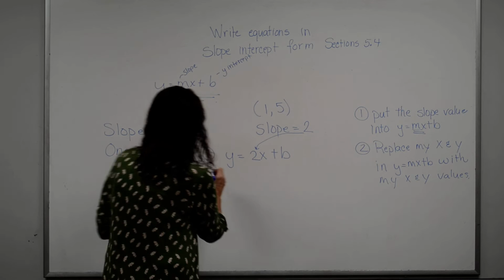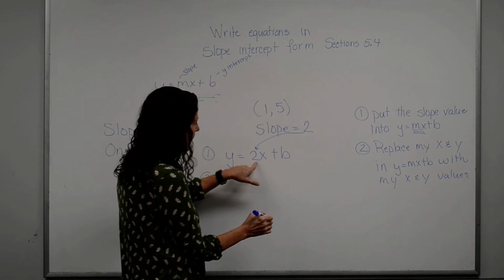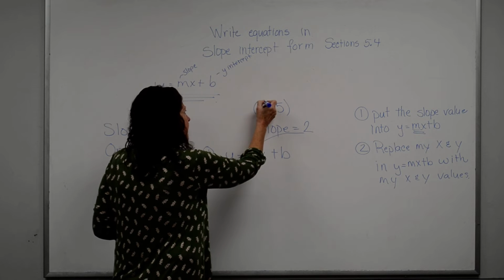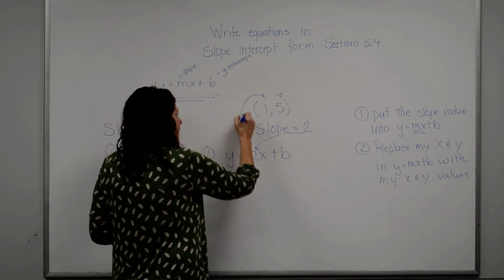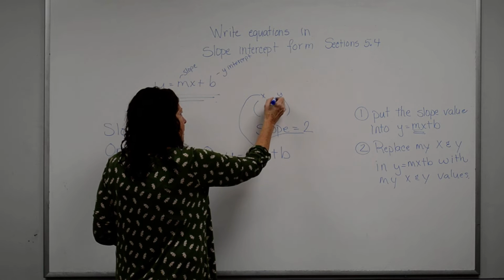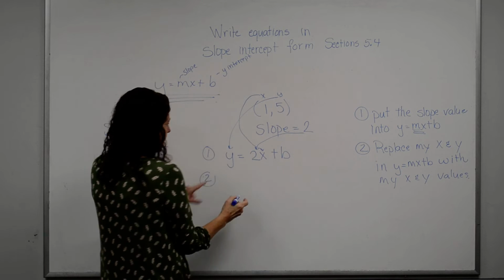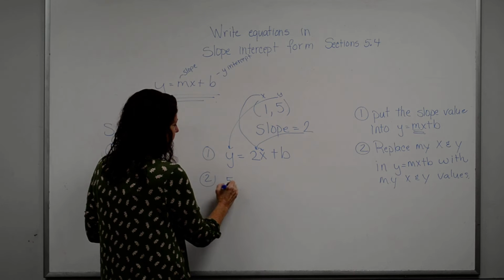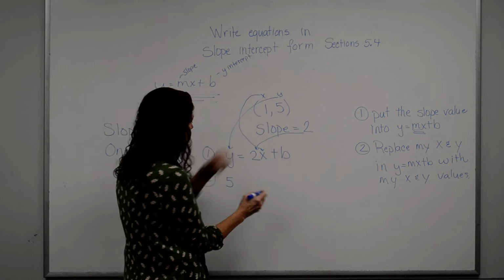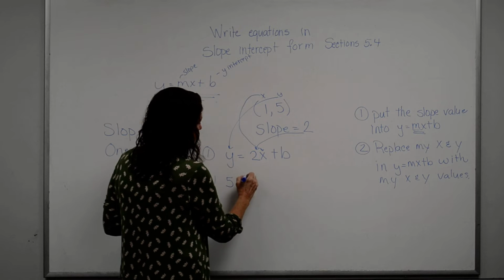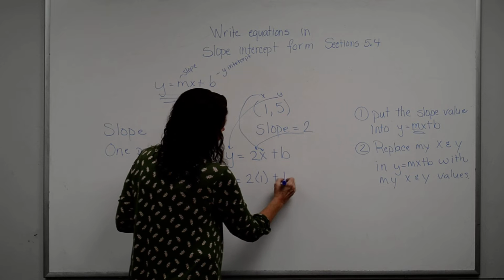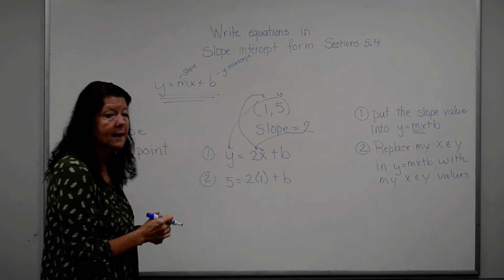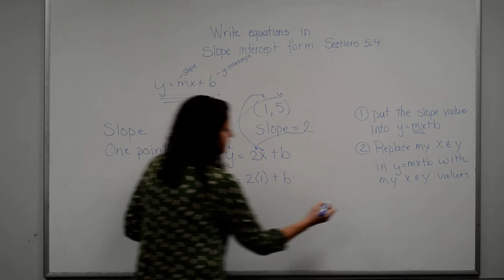So now, step 2, I continue to bring that m down, but this is my x and this is my y. So my x value goes right there and my y value goes right there. So I have 5. I replace my y with this y value. I still have my slope of 2 and my x is right there for 1. So I have replaced everything except for the b.